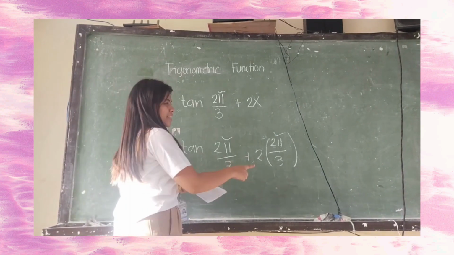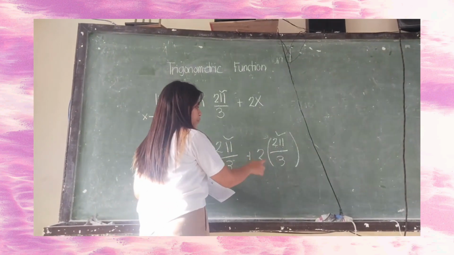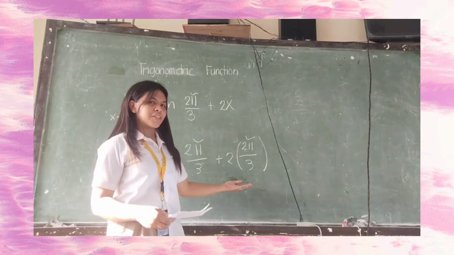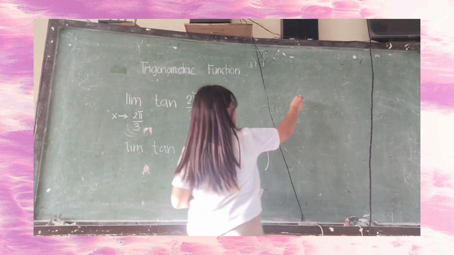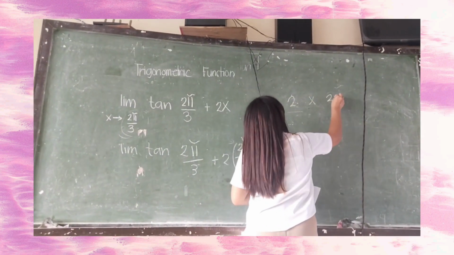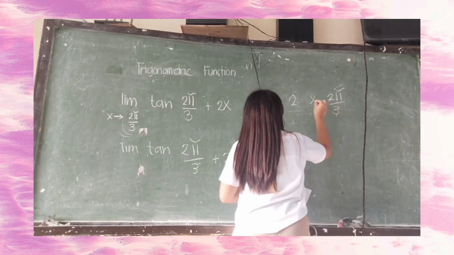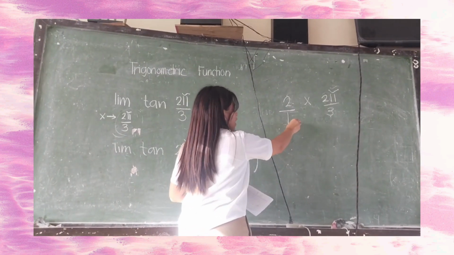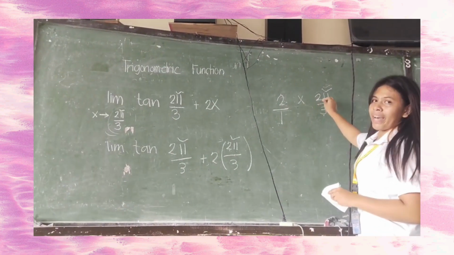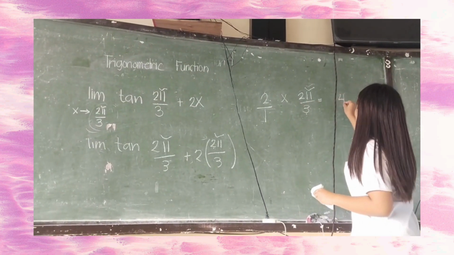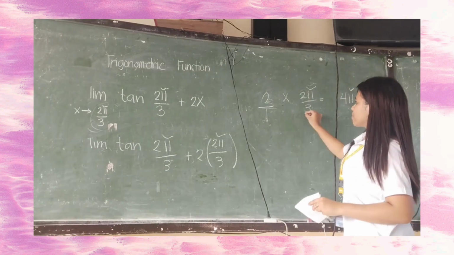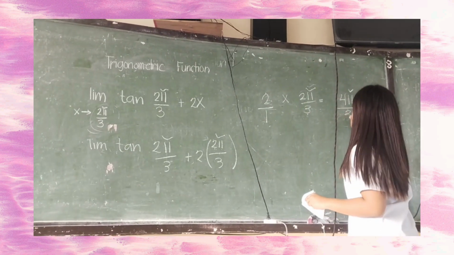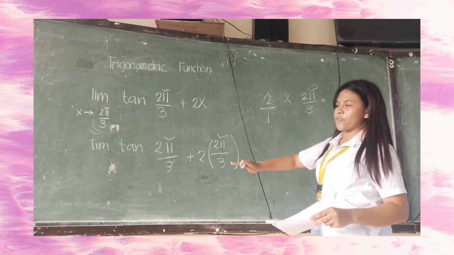The next thing we are going to solve is this one. So this will become 2 times 2 pi over 3. Since 2 is a whole number, it has a denominator of 1. So 2 times 2 pi is equal to 4 pi. Then 1 times 3 is 3. So we now have the answer for this one.